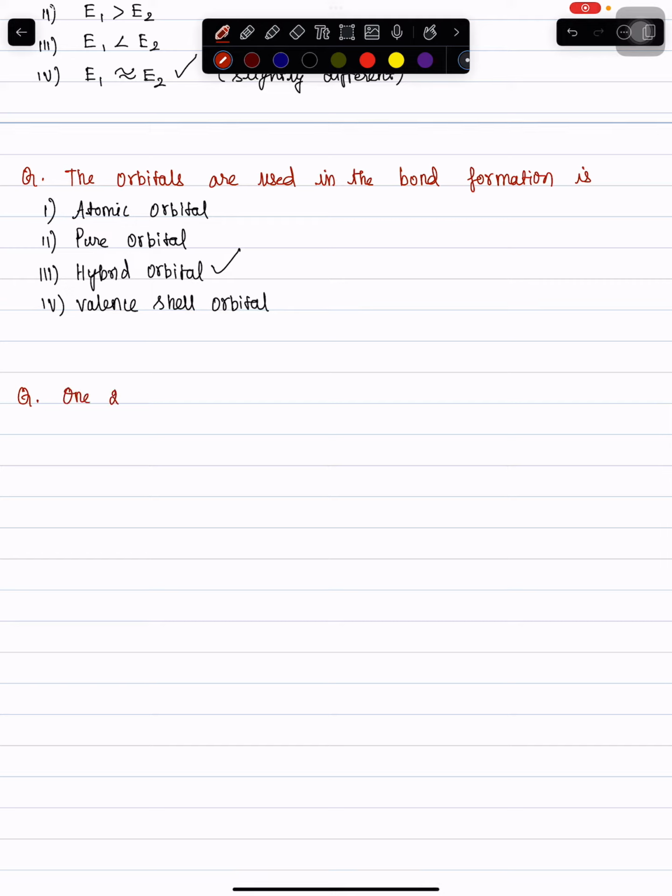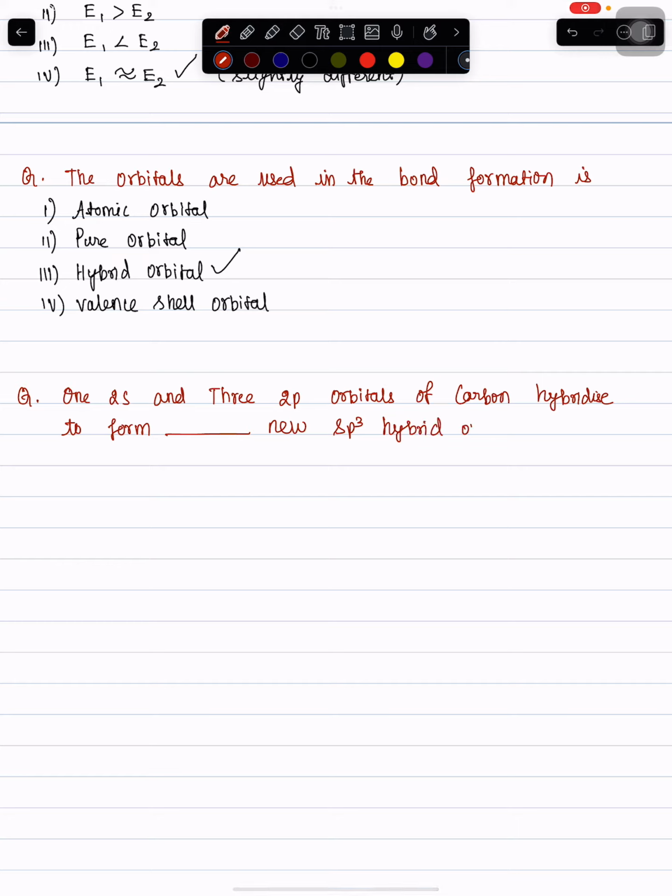One 2s and three 2p orbitals of carbon hybridize to form new sp3 hybrid orbitals.